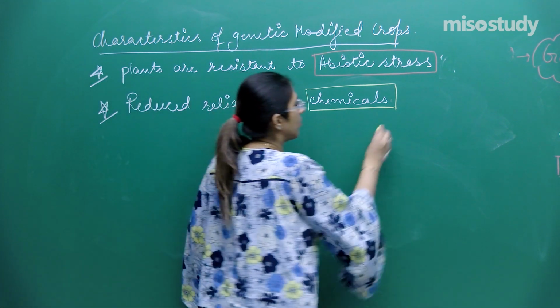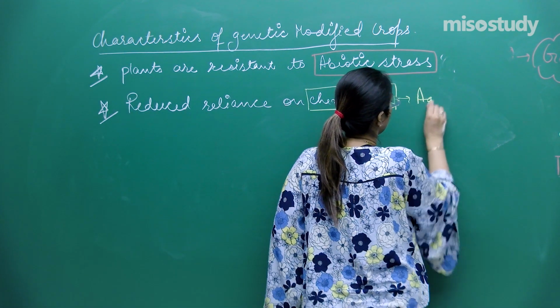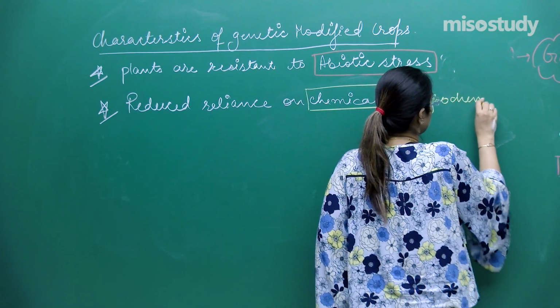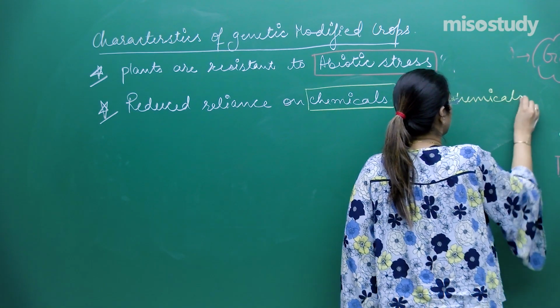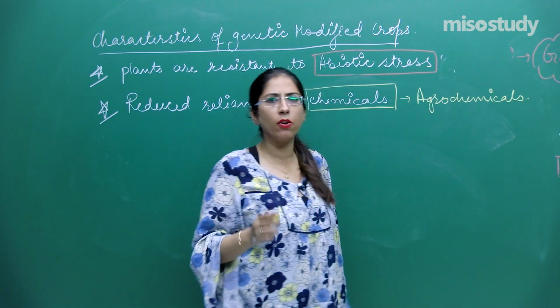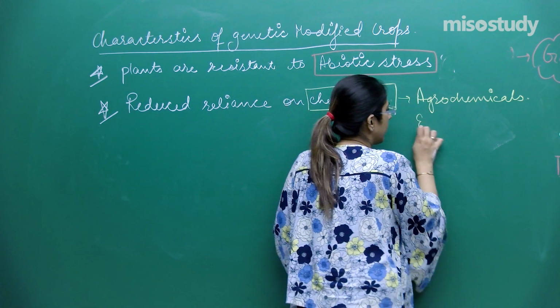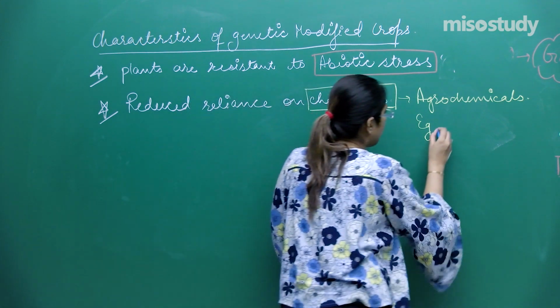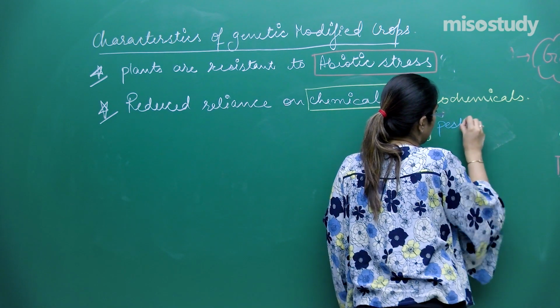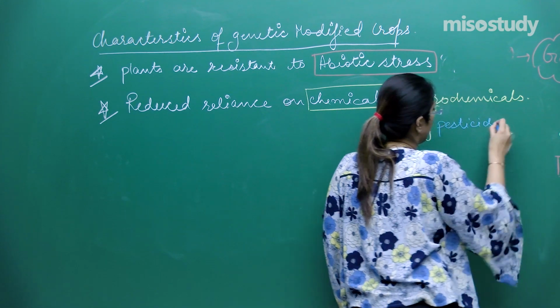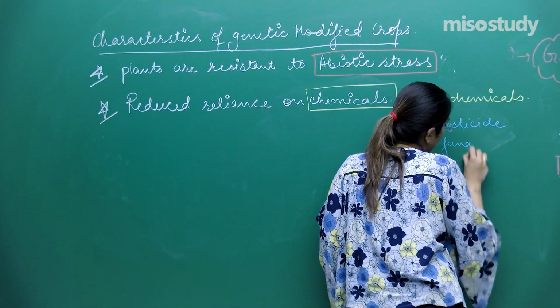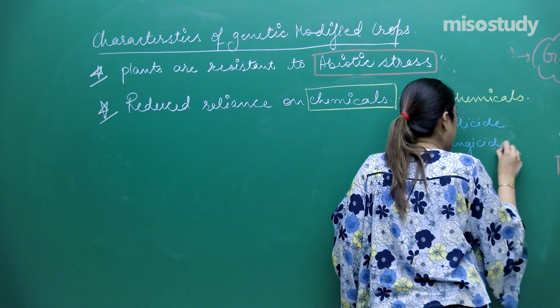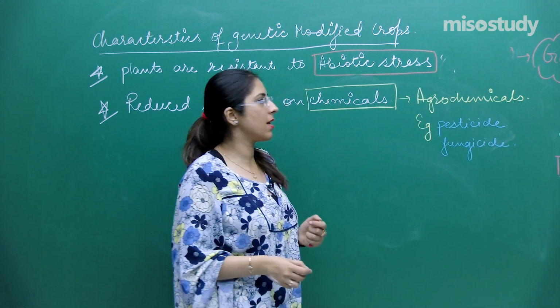Those are agrochemicals, right? Can you name one agrochemical, students? For example, we have pesticide, we have fungicide, etc. Right? These are called agrochemicals.